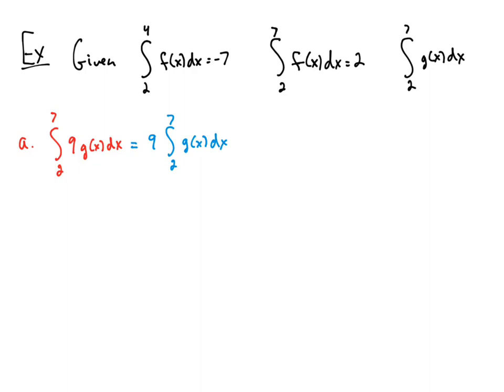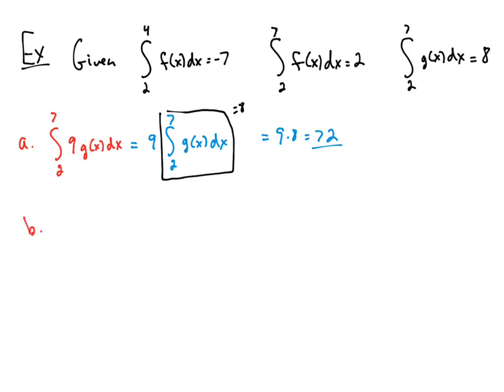Oops, I forgot to say what the integral of g of x was equal to. The integral of g of x is equal to 8 here. So this is ultimately going to be 9 times 8, which is 72 for part A.